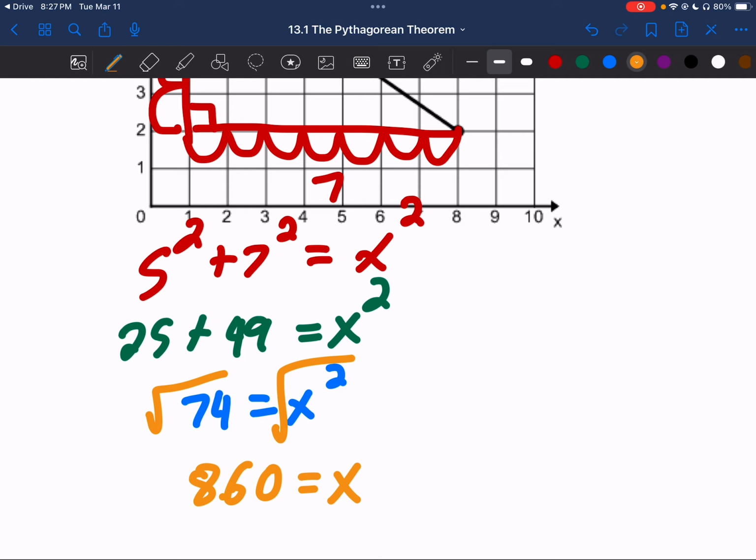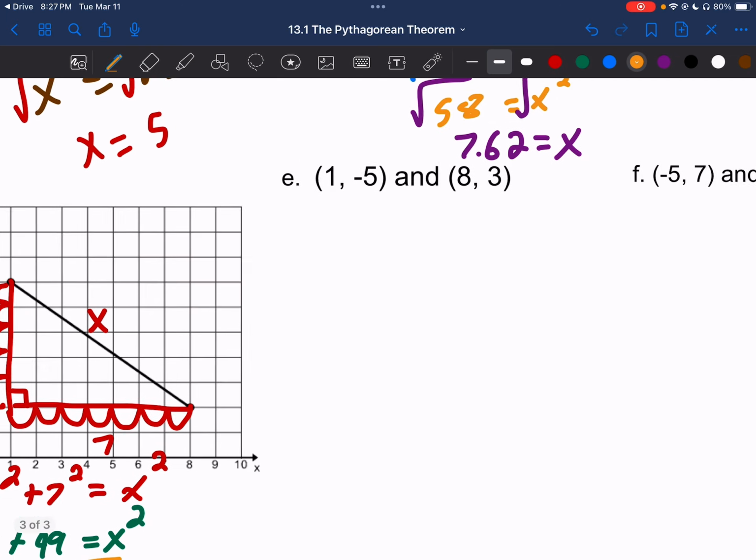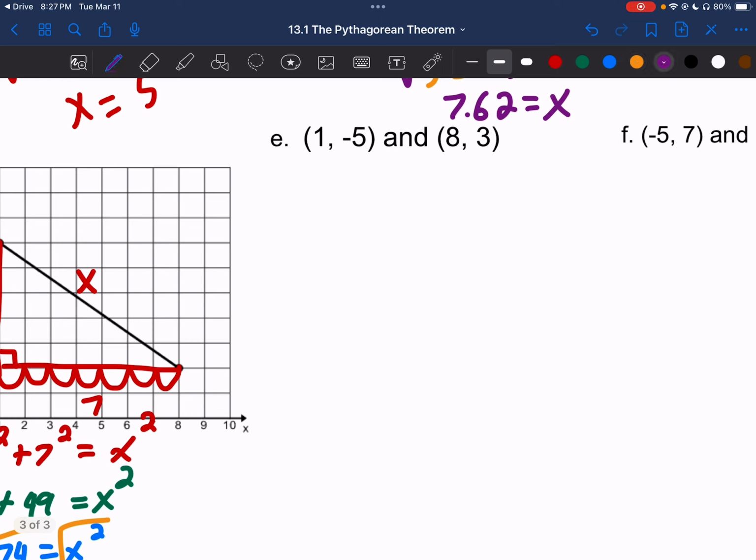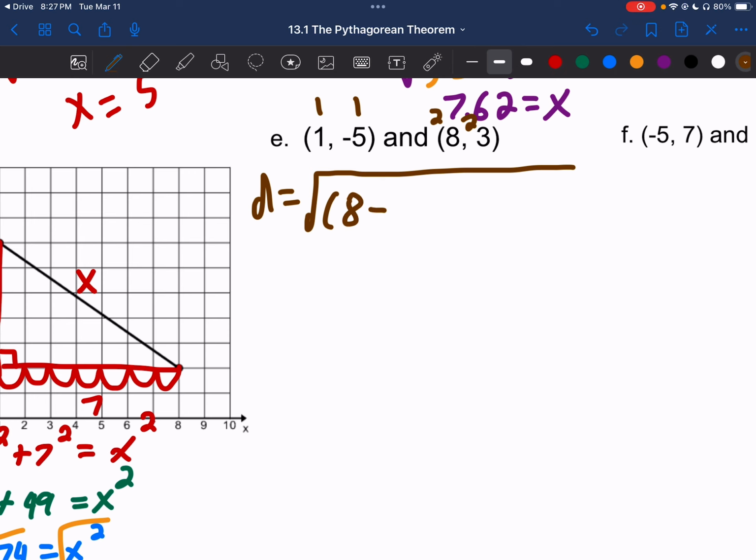Okay. All right, letter E. We're going to use the distance formula for this one. So distance is equal to, I'm going to just put a 1 and a 2. 1 and 1, 2 and 2. Right, because we know which one's x, which one's y. So our square root of x2, 8, minus x1, 1, quantity squared, plus y2, 3, minus y1, negative 5, squared.